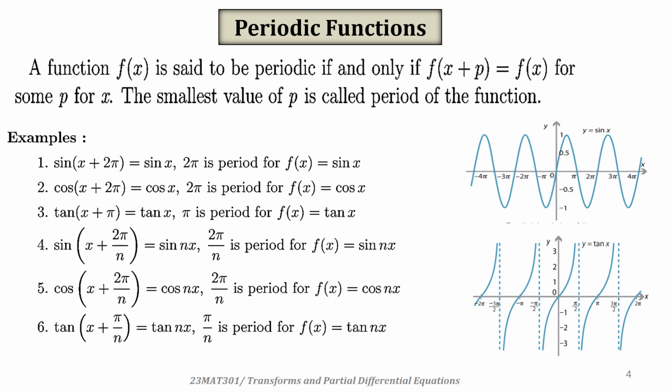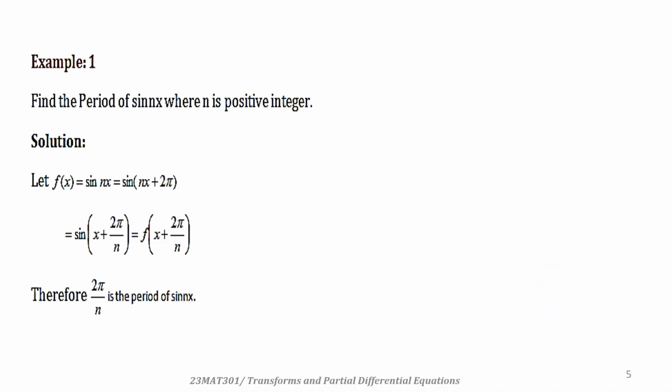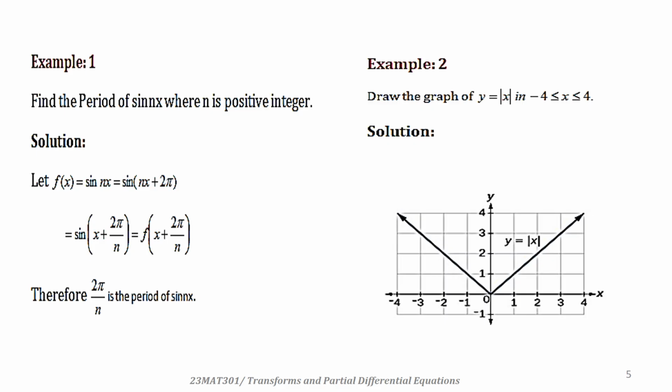The same goes for cos x, and for tan x I have given the diagram here. For tan x, for every pi the wave will be the same. That is given here. And for sin nx and cos nx the period is 2 pi by n, and pi by n for tan nx. I have given some examples here.